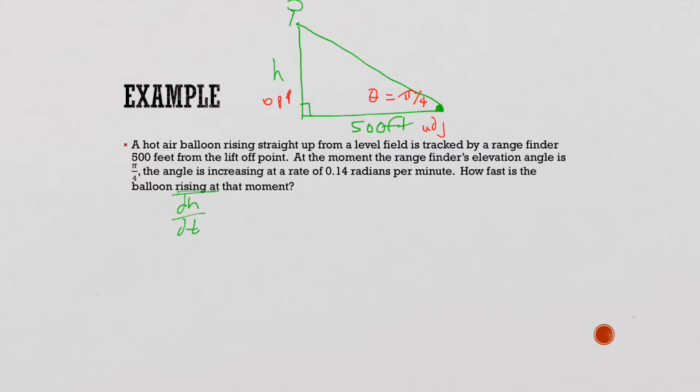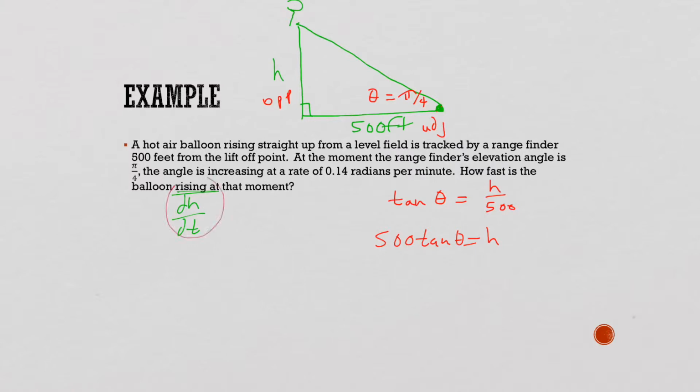So we have a formula that says the tangent of theta equals opposite over adjacent, h over 500. We can solve for h by multiplying both sides by 500, so h equals 500 tan theta.